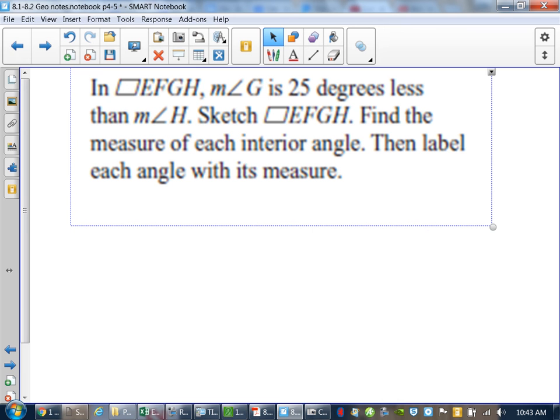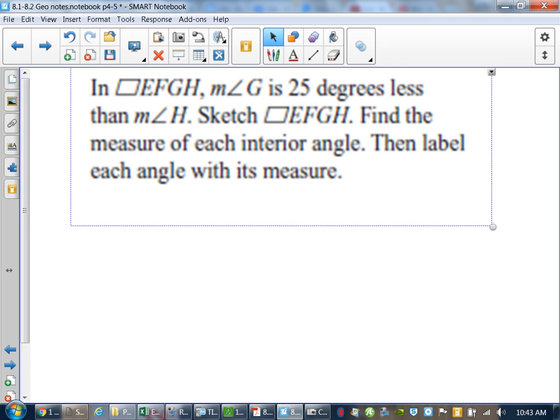Take a look at this one. Sometimes they use the symbol that looks like, for lack of a better term, a parallelogram, instead of using my fancy slashies with the "ogram." But they say E, F, G, H. Are those all capital or lowercase letters? Which means those are labeling the angles.